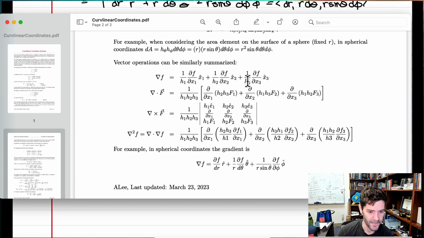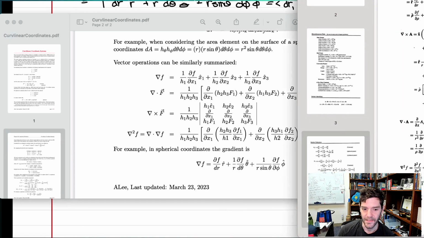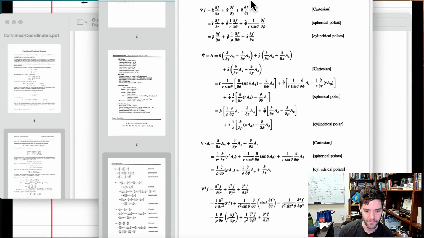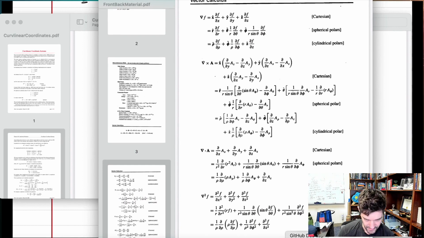Then the scale factor here is r times sine theta, so you have 1 over r sine theta partial with respect to phi in the phi direction. Which is exactly what you get with these general summaries. Let's find it here: the gradient in spherical coordinates, notice it's exactly the same as what we just wrote down.